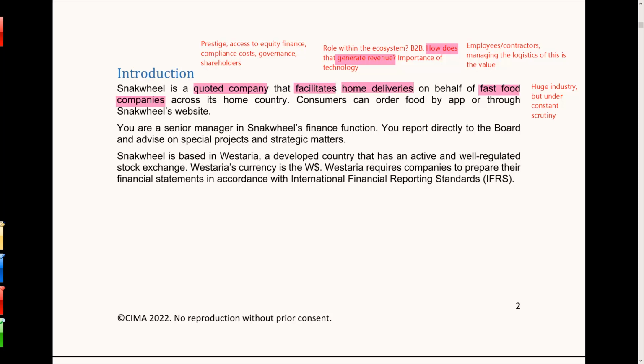But it is under constant scrutiny because of the health impacts, obviously, and the way that it's marketed, its attractiveness, but ultimately the impact on poor health, on weight gain and obesity. And that scrutiny has a social dimension, but also a political one.